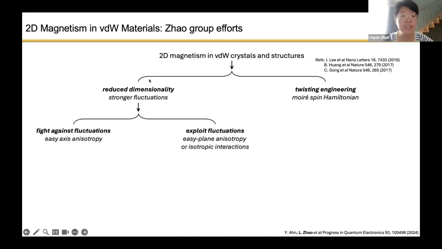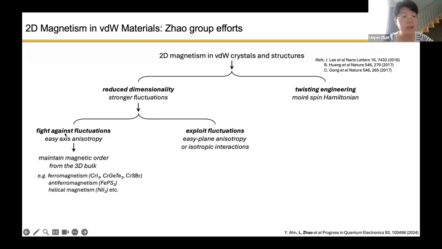Then in the first aspect, there are actually two routes people are trying to go towards. One is to really fight against this fluctuation by having easy-axis anisotropy in the system. The other attitude is actually opposite. They're saying, let the fluctuation be, and let's exploit the fluctuation in those easy-plane anisotropy systems or even isotropic systems.